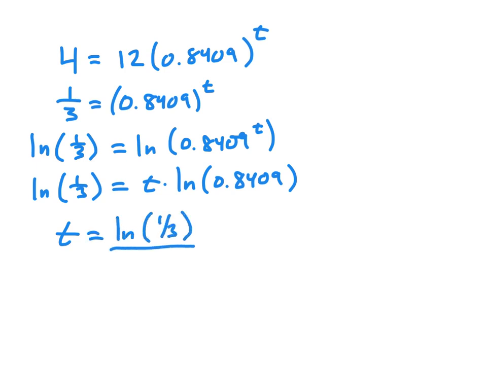So we have the natural log of 1/3 divided by the natural log of 0.8409. When we go to a calculator, we see that this equates to about 6.34 days. So it's going to take a little over 6 days for this 12-gram sample of palladium-100 to decay down to 4 grams.